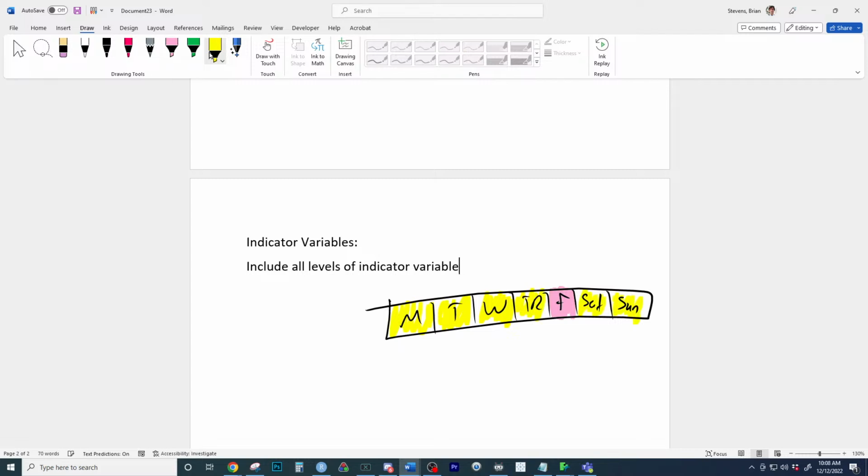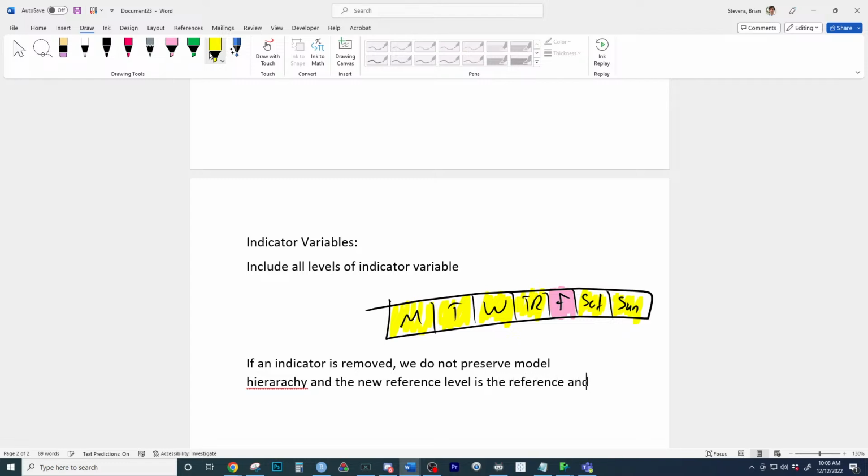And so if an indicator is removed, we do not preserve model hierarchy, and the new reference level is the reference and that indicator.